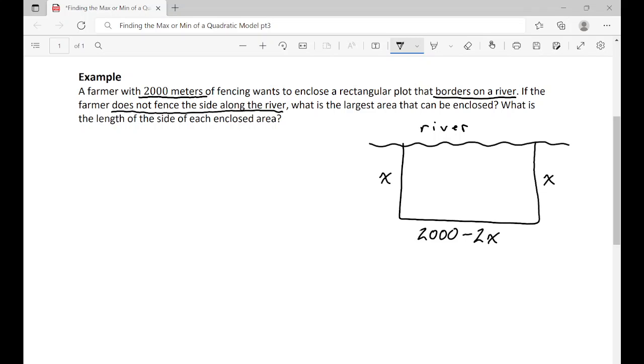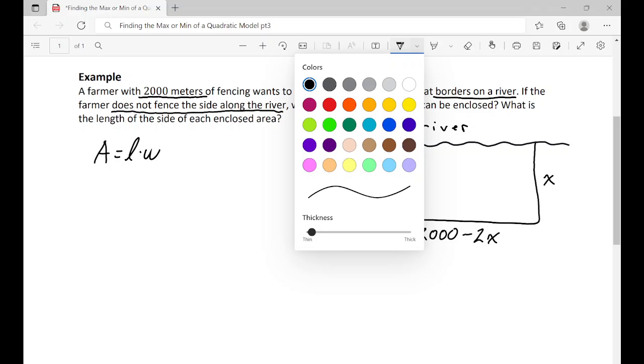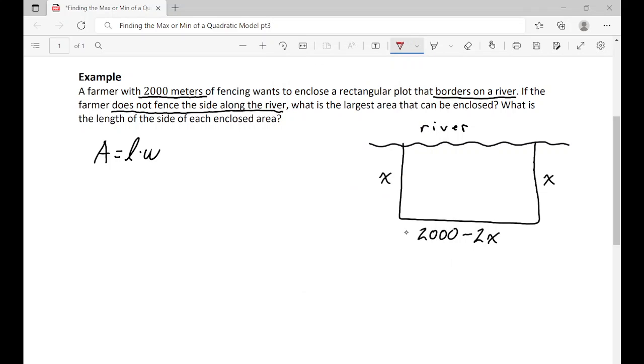Well, now what do we got to do? We got to find the area, the largest area that could be enclosed. Well, area is equal to length times the width. We know that for a fact. And I can say that this here is the length, and these two are the widths.